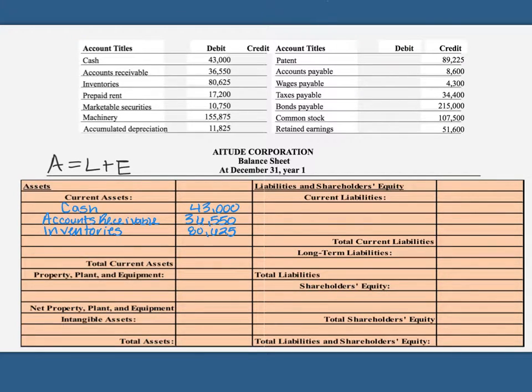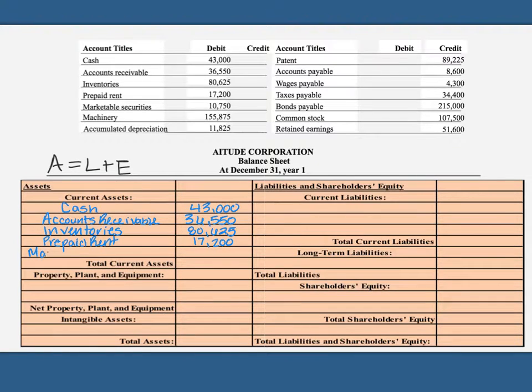$80,625. Prepaid rent. Normally, you may pay that for the coming year, so it will of course be converted to cash within a year. So prepaid rent, $17,200. Then we have marketable securities. They can be either long-term or short-term, but since it wasn't specifically identified as long-term, we're going to assume they're short-term.